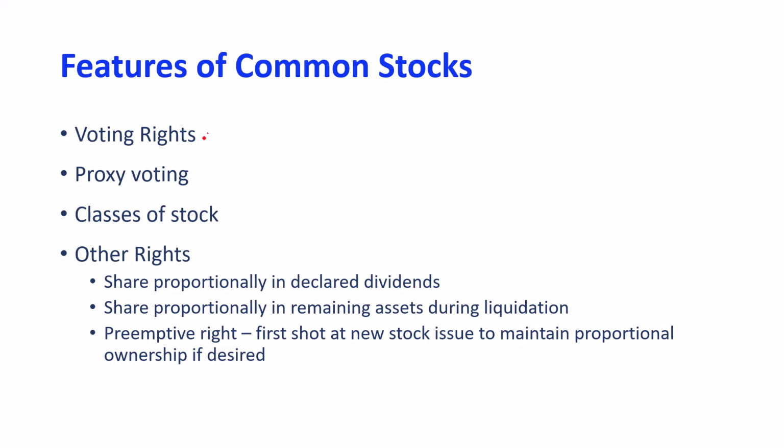One of the main features of common stocks is that when the company issues shares to the public, the founders give up control, meaning that now the shareholders, the individual investors and institutional investors, have the right to vote on the major decisions for the firm.